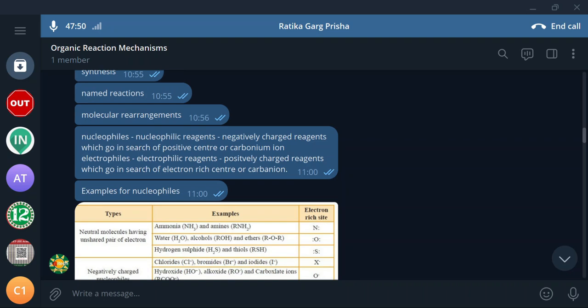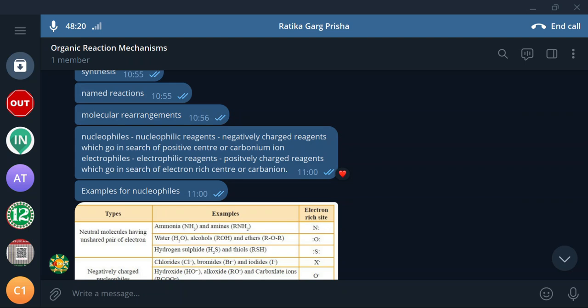Now, as I already explained, nucleophiles are nucleophilic reagents, that is negatively charged reagents, which go in search of a positive center or carbonium ion. And what about electrophiles? Electrophilic reagents are positively charged reagents which go in search of an electron-rich center or carbanion. What is a carbanion? Electron-rich, that is C minus. What is a carbocation or carbonium ion?